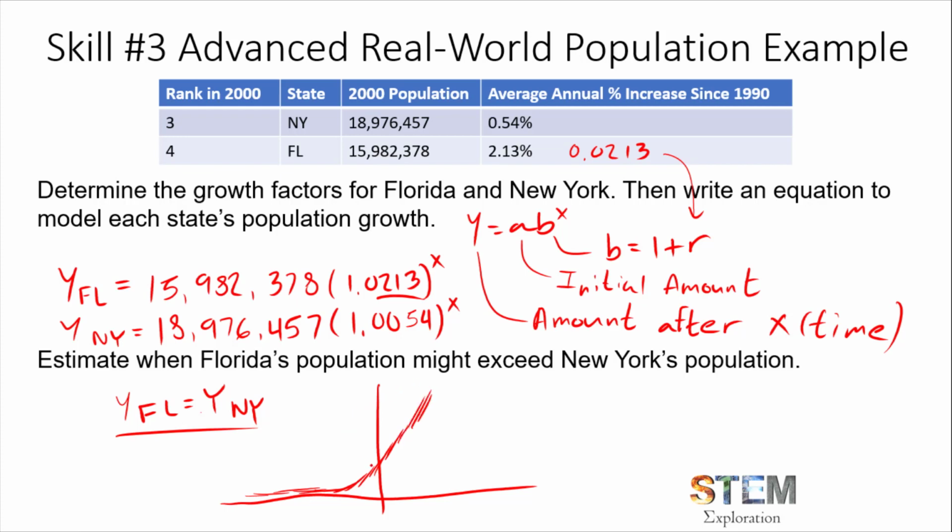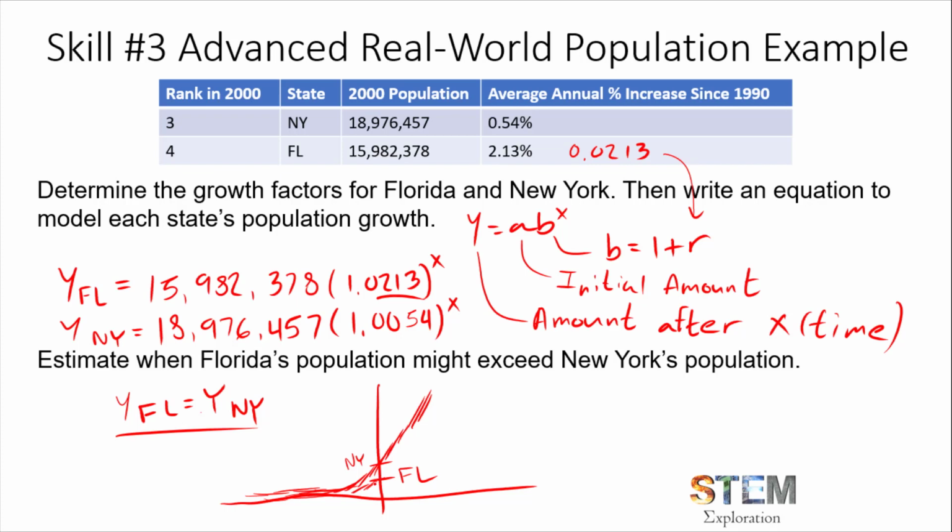You'll have something like this where, let's say this is New York, and when years are equal to 0, we're at 18 million. And Florida might be here as well, and they're going to have a faster rate of growth, but they're going to start at a little bit lower number. And this is over-dramatized; when you see this in Desmos, you'll be like, oh, the lines are on top of each other.